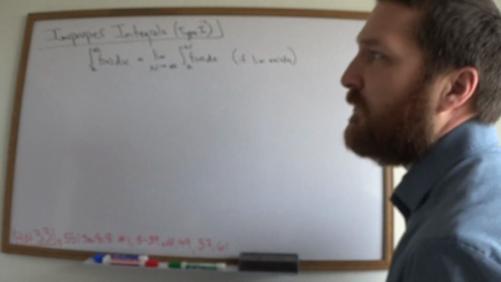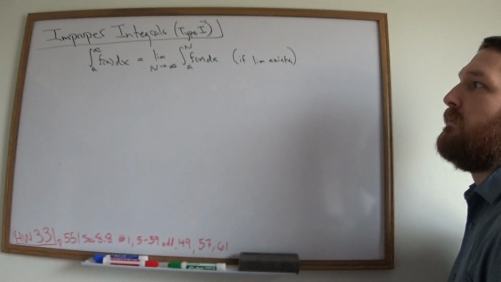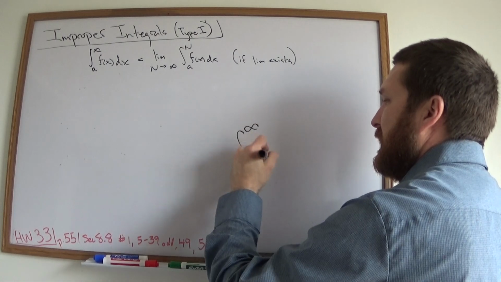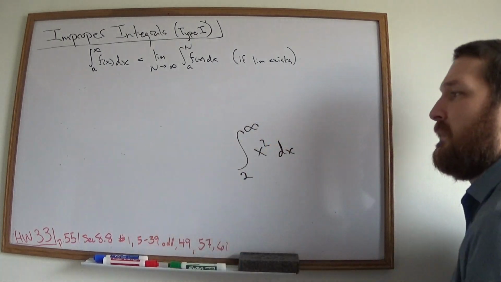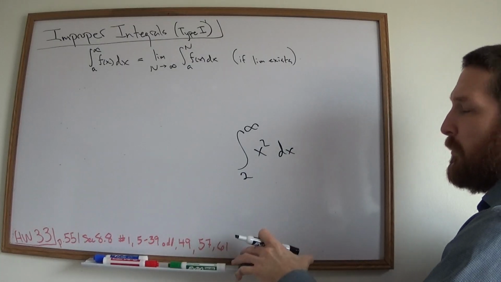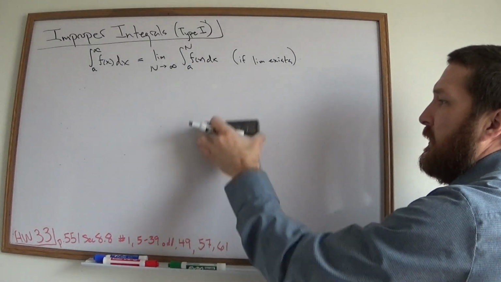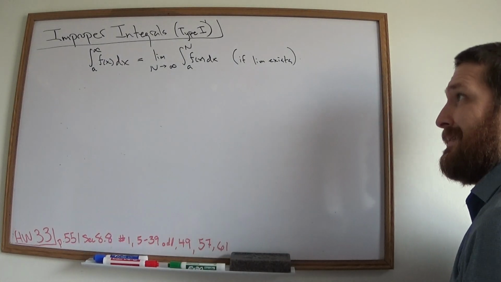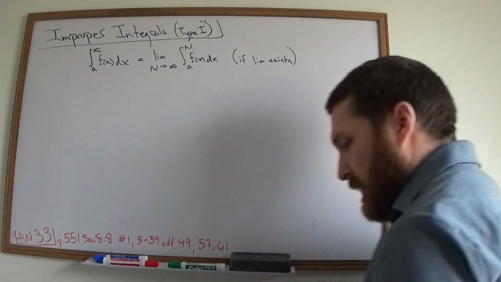Otherwise it diverges and you've just written down junk, right? So 2 up to infinity of x squared dx is junk. It's obviously going to blow up. Otherwise you can compute it, and this is how you do it. The limit exists and so on.